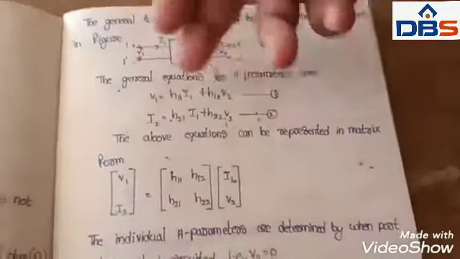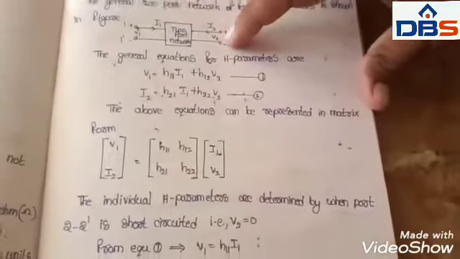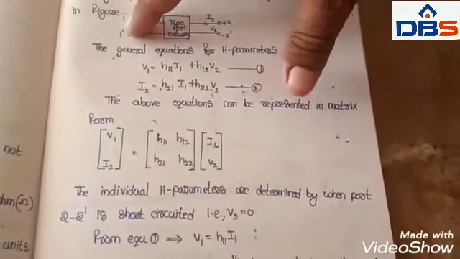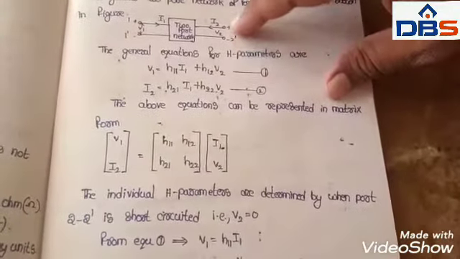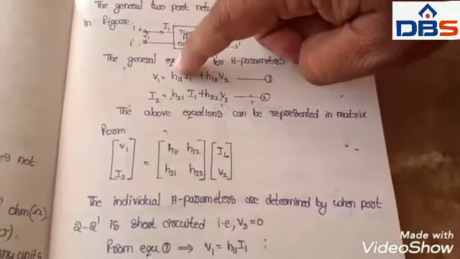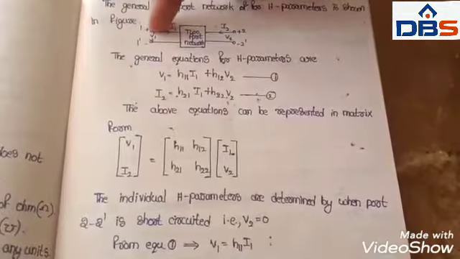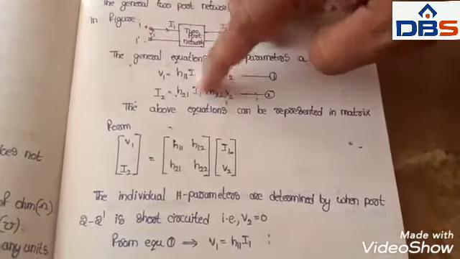To find out the individual parameters, port 2 is short circuited and port 1 is open circuited. When port 2 is short circuited, V2 is 0, and then you can determine the H11, H21 parameters individually. Suppose 1 dash is open circuited, that is I1 is 0.